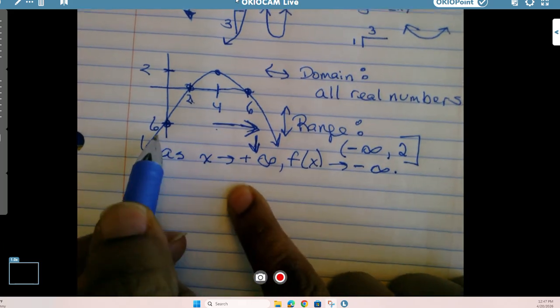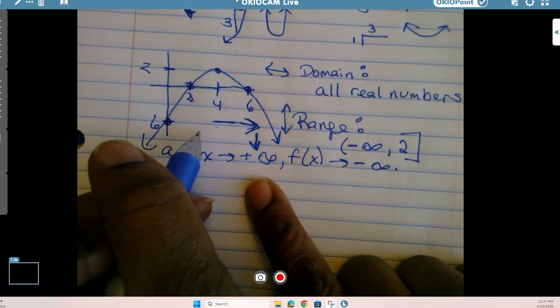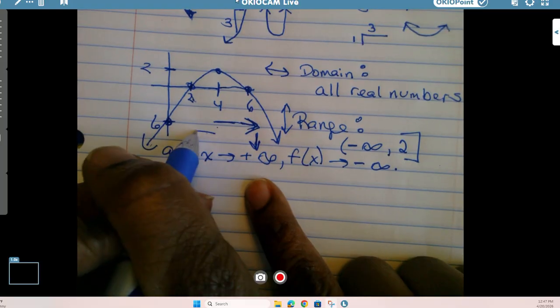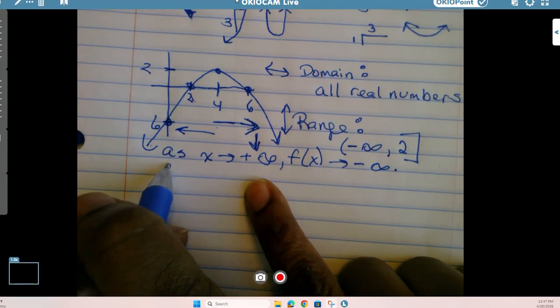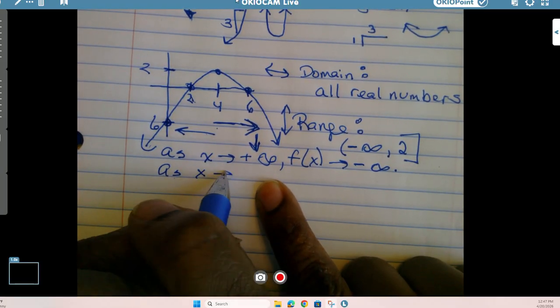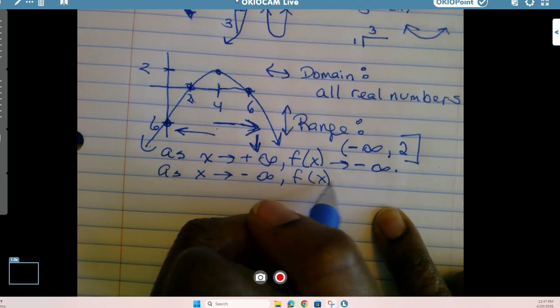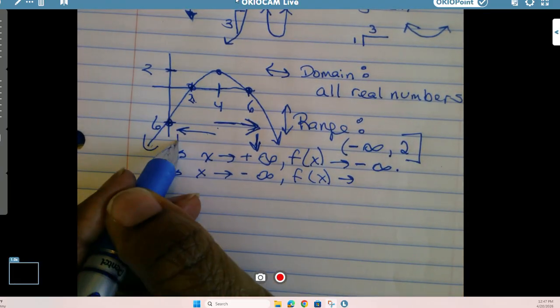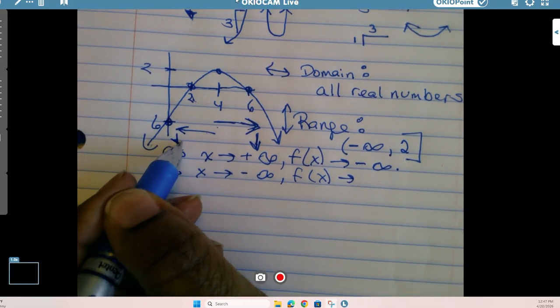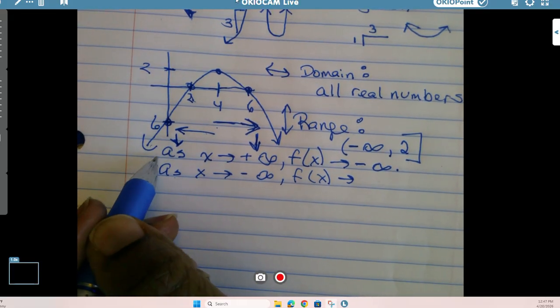And then in the other direction, as x is approaching negative infinity, f of x is approaching negative infinity because it's headed downward.